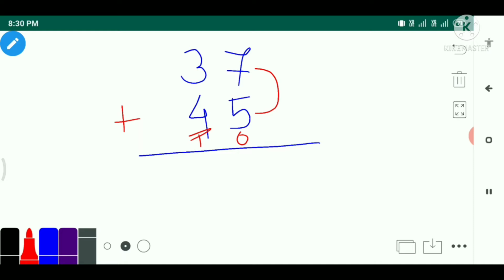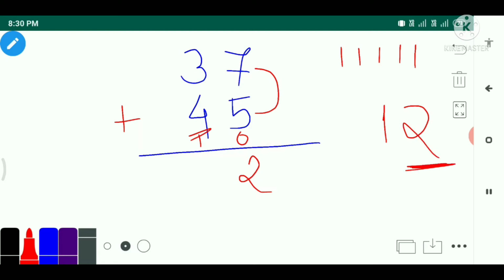After 7, just count 5 numbers: 8, 9, 10, 11, 12. So what do we get? 12. So 2 will write here. See, 12 is this one, right?